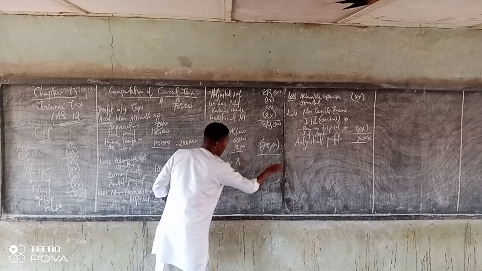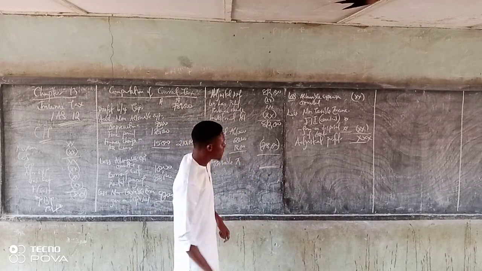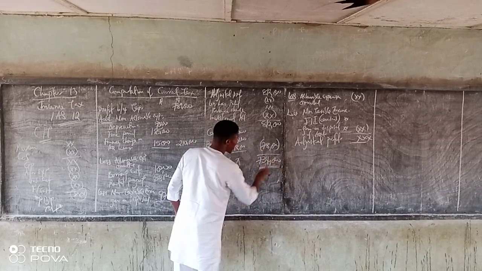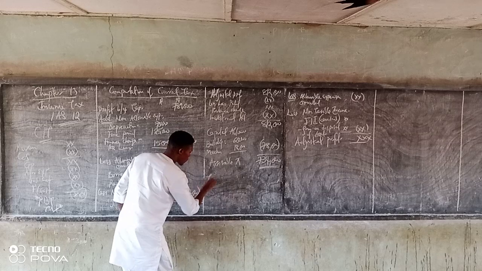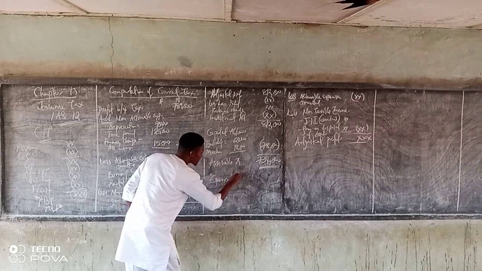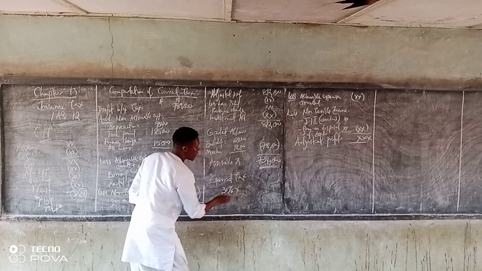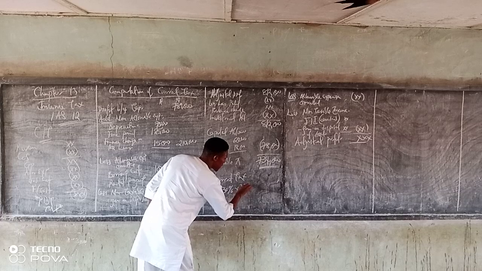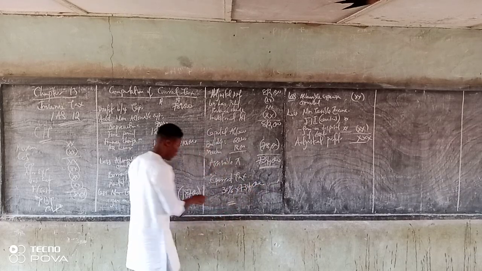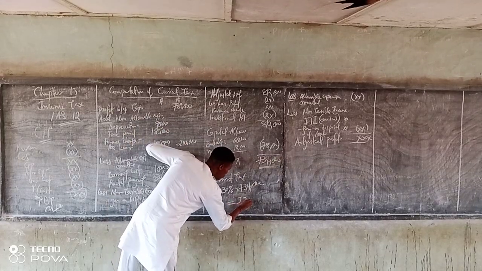So that's the profit that we have, 734,000. So our tax rate on it now, our current tax is 30% of 734,000. The answer is 220,000.